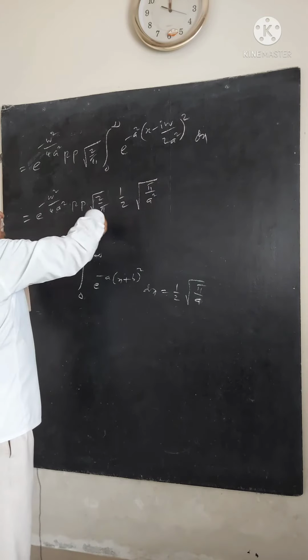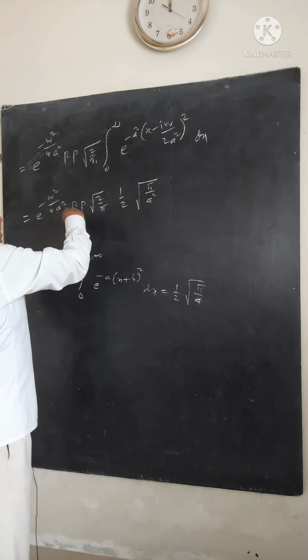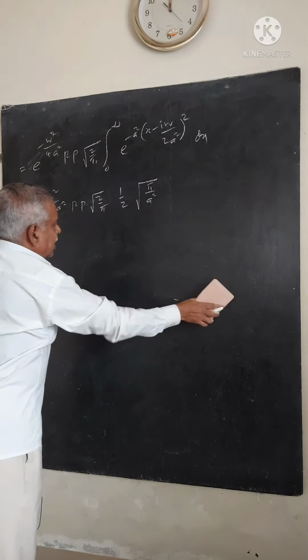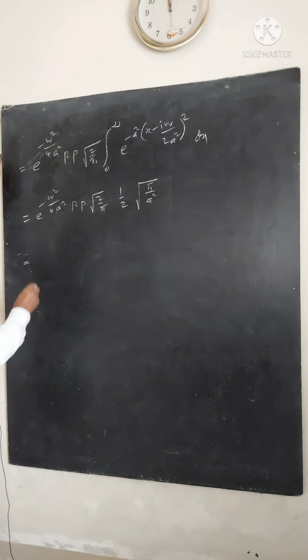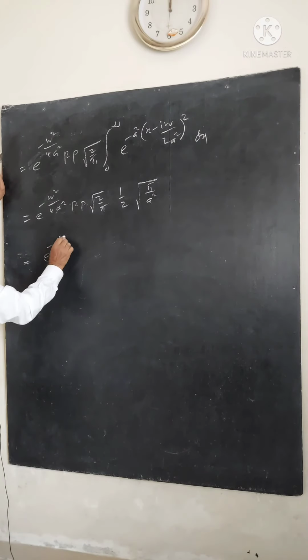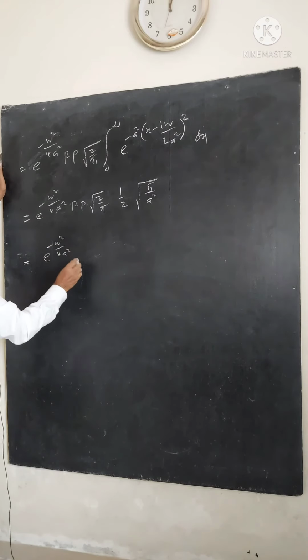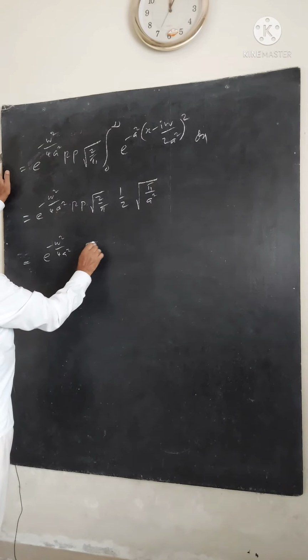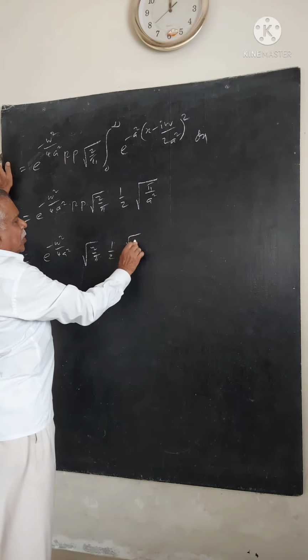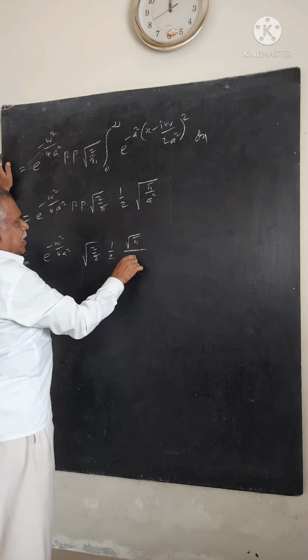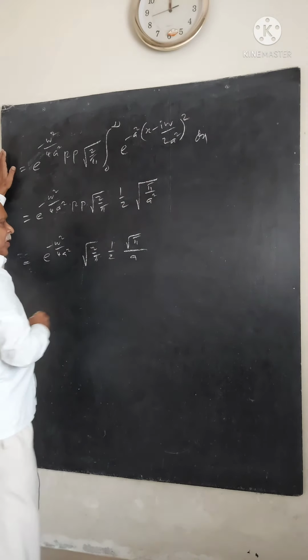This is the real part, no I comes here. Therefore, we can remove this real part. The result is a real part only. Therefore, this is not necessary. E power minus omega square by 4a square, root of 2 by pi, 1 by 2 root pi by a. Root of pi is pi, root of a square is a.